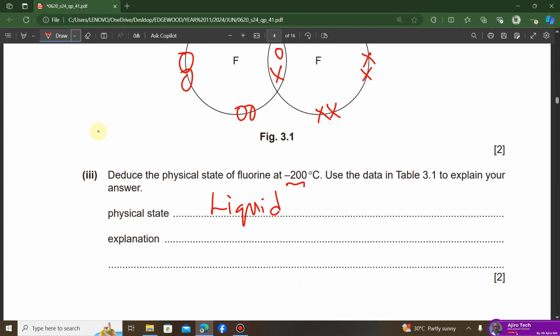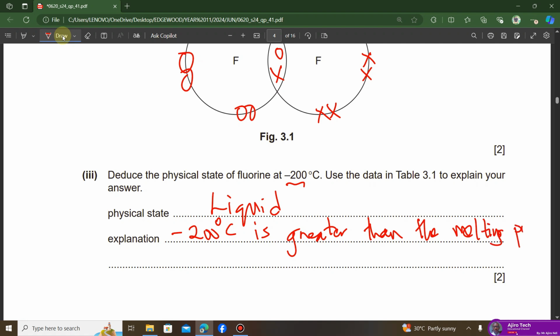So we'll basically write at that temperature, minus 200 degrees Celsius is greater than the melting point of fluorine and lower than the boiling point.